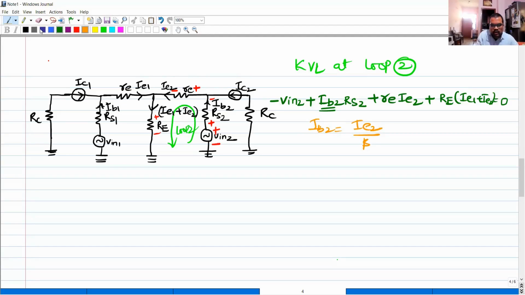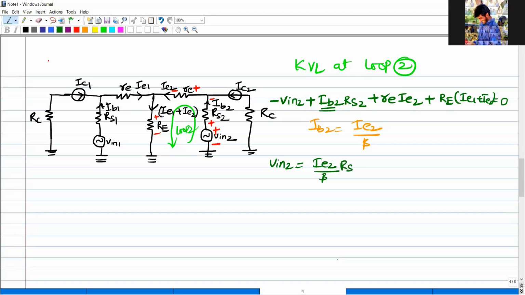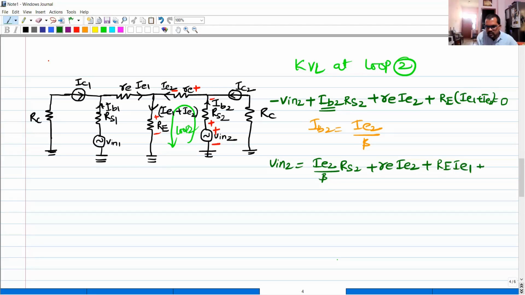If you respond like this, I will also be happy. Now Vin2 is equal to IE2 by beta into RS2 plus RE, plus RE into IE1 plus IE2. Here I want to separate this. First I want to write the IE1 term, only one term: RE into IE1.